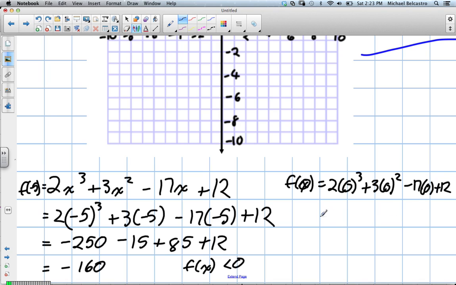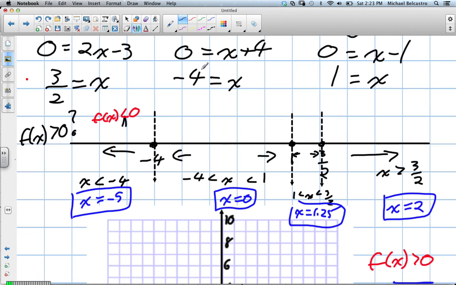Do you know what it's going to be? It's going to be 12 because 0 times all of these is 0. Is f at x greater than 0 there? Yes. It is. Okay, so at this interval here, f at x is greater than 0.